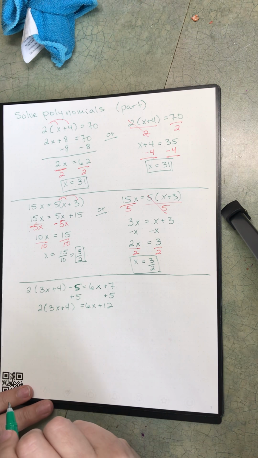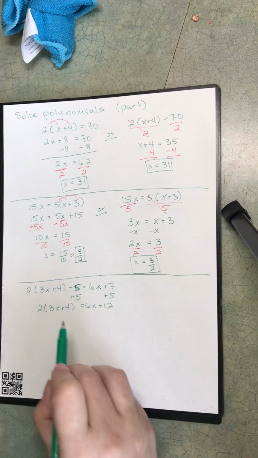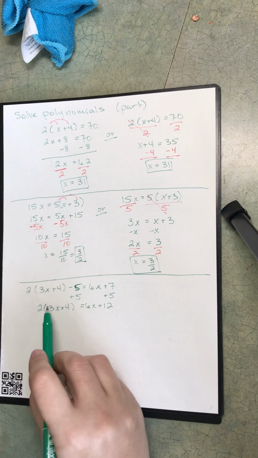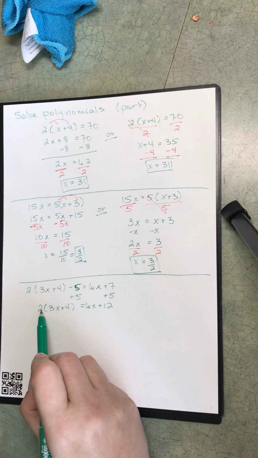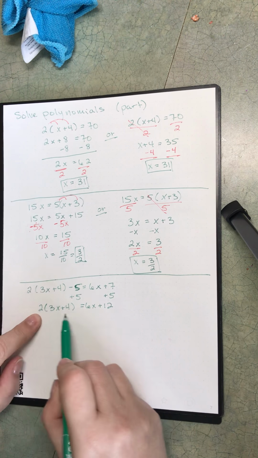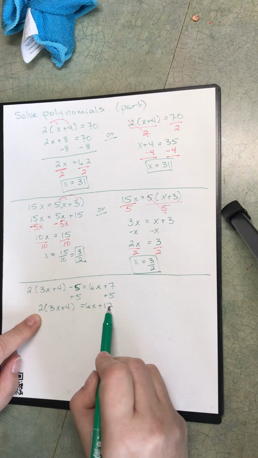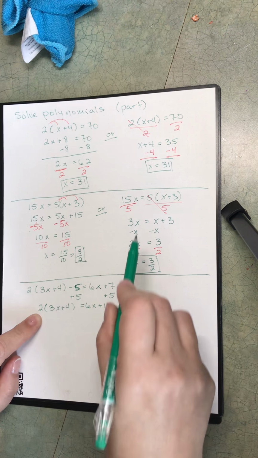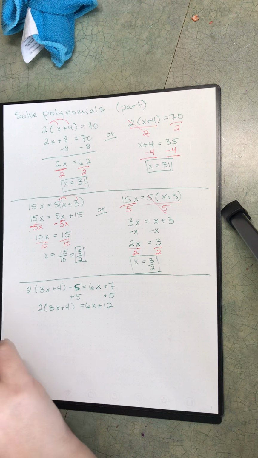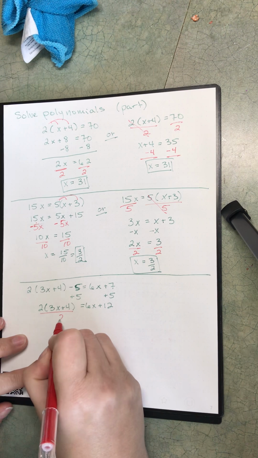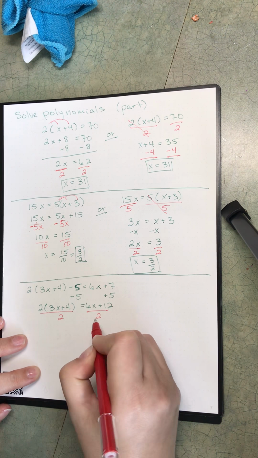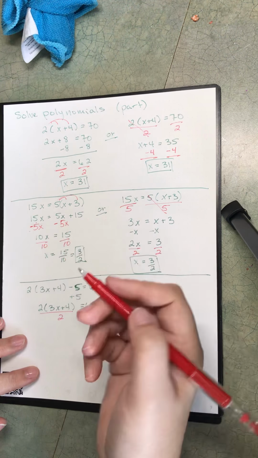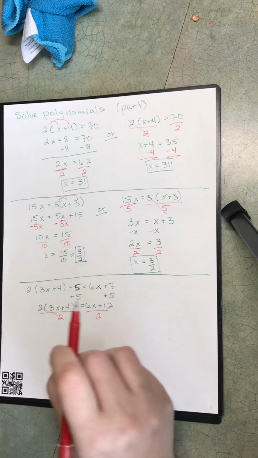All right, and so now before I decide which method to use, I'm going to look and see if I'm dividing by 2, are both of these divisible by 2? They are. I feel like that's the easier way to go, so I'm going to go ahead and just divide and get rid of this 2. You could do it the other method, but I prefer this one.